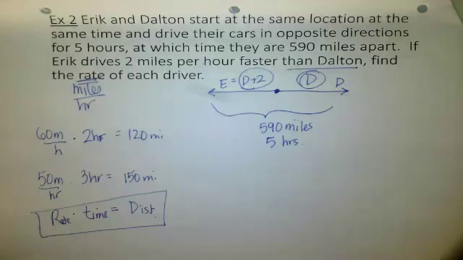It'll be D plus 2. Okay, how about this? D plus 2 plus D, times all times 5 equals 590.